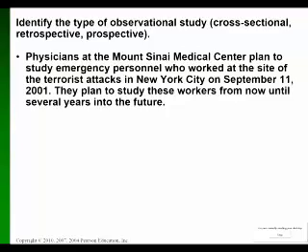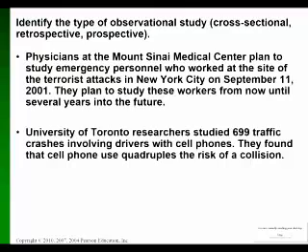University of Toronto researchers studied 699 traffic crashes involving drivers with cell phones. They found that cell phone use quadruples the risk of a collision. You think that 699 all happened the same time?